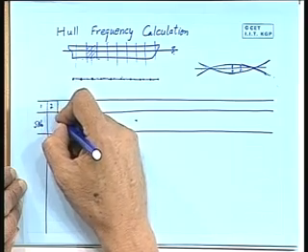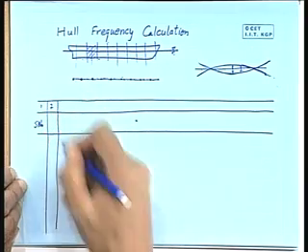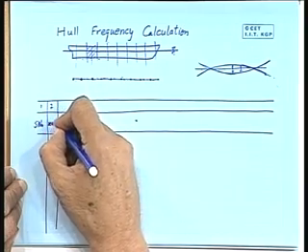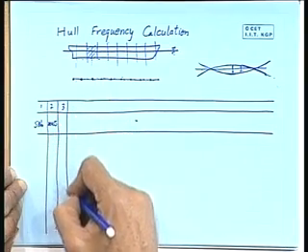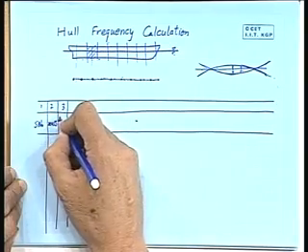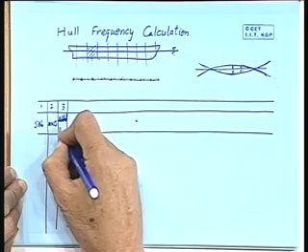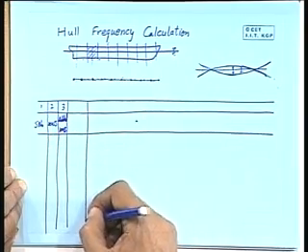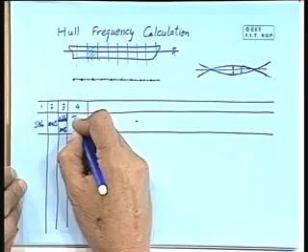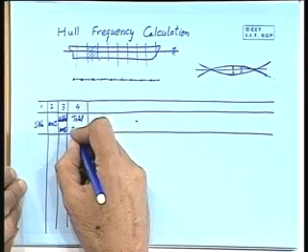Column 2 is the mass. Column 3, added mass. Column 4, total mass.